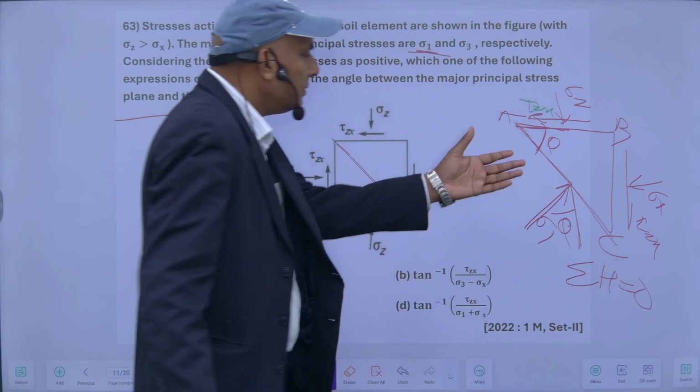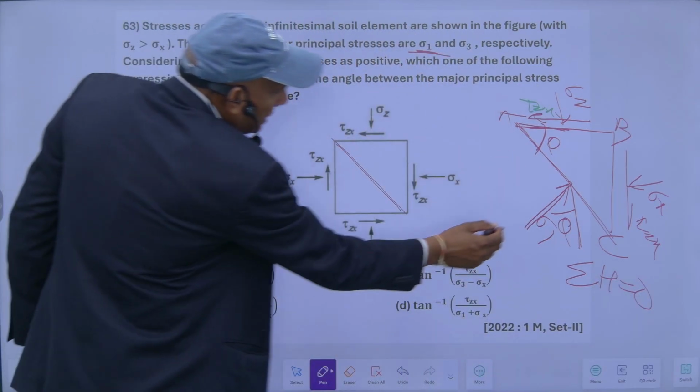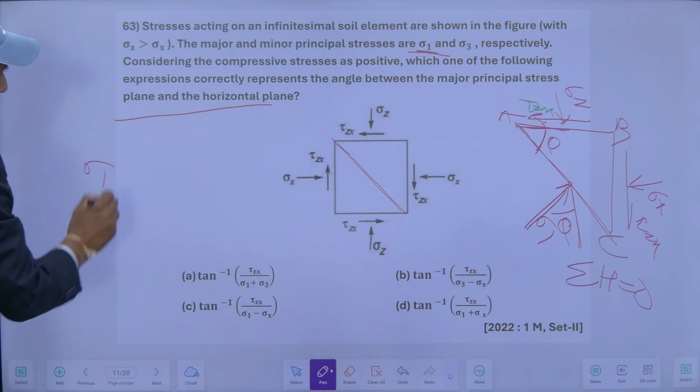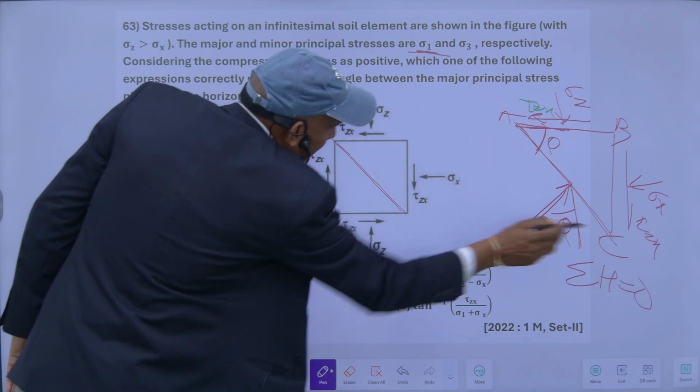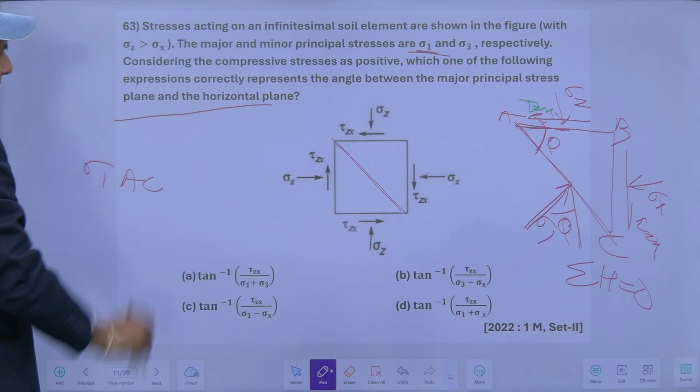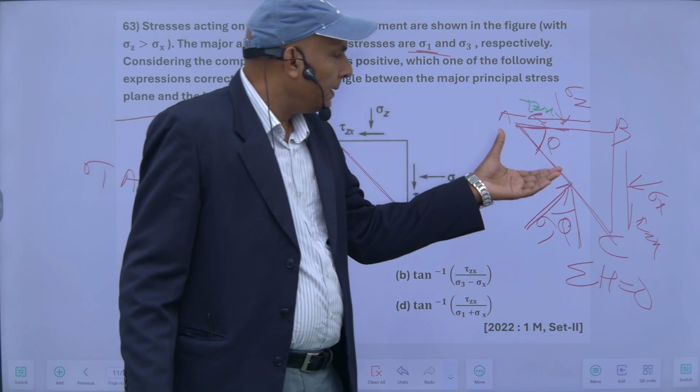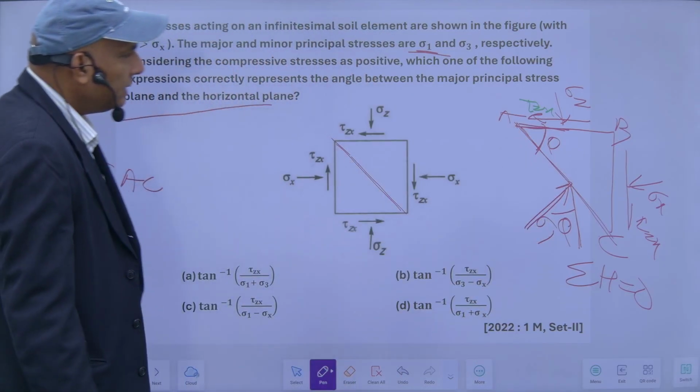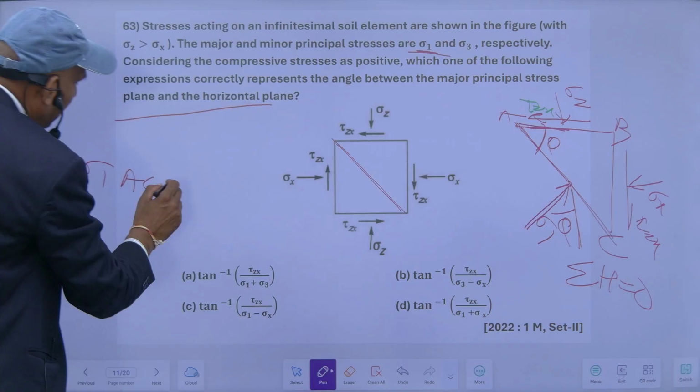Suppose I resolve along horizontally. So this will be sigma 1 into this length. This is AC. And suppose I consider unit thickness normal to the paper. So AC into 1 will be the area.